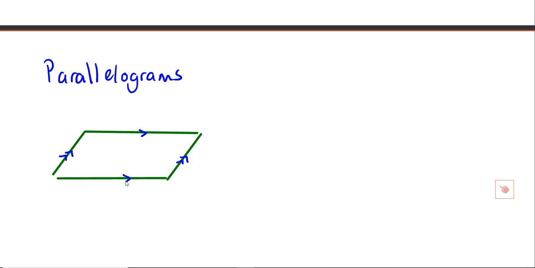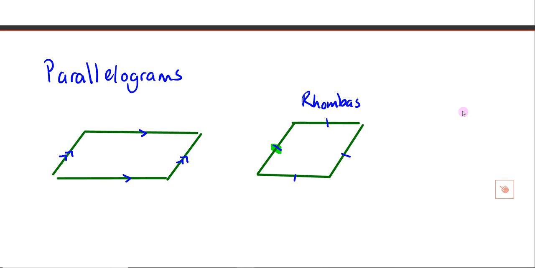A square is a parallelogram, but they're ones with 90-degree angles. You can have a parallelogram where all the sides are equal length, and I would denote that with a little line, the same as I did with a square, so they're all the same length, and that has a special name of rhombus.